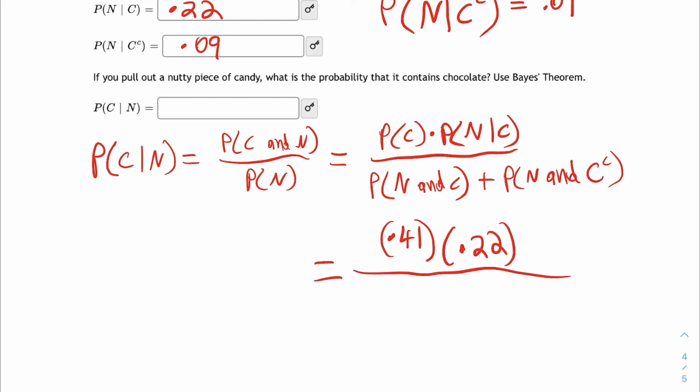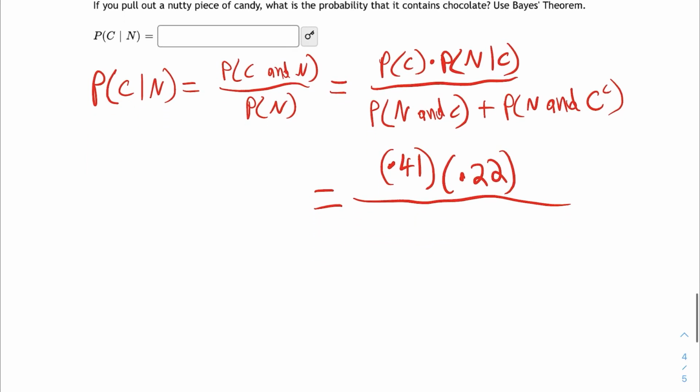And then in the denominator, I have there again the probability of C and N, the probability of N and C. Those are actually the same thing. So that's just going to be 0.41 times 0.22. And I just have to figure out what the probability of N and not C is.